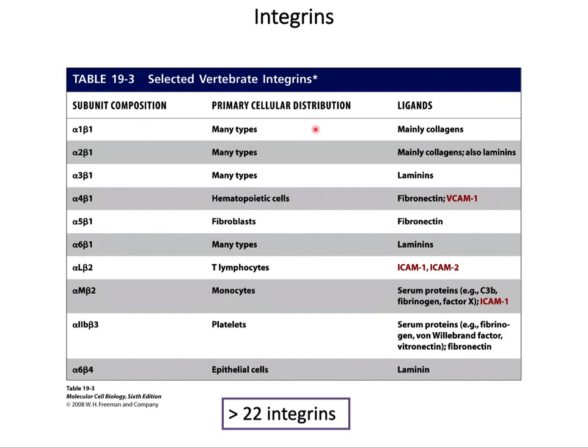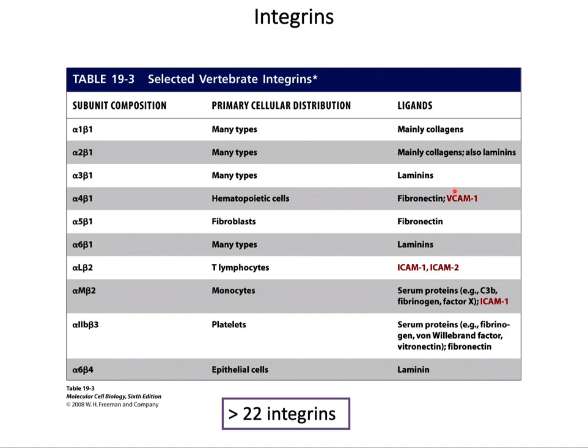So in this table, you can easily see that an integrin that is made up of alpha 1 and beta 1 subunits will bind mostly to the collagen in the extracellular matrix. However, an integrin that is made up of alpha 2 and beta 1 subunits will bind mostly to collagen, but it also has the capability of binding to laminin and so on. So these are other examples of the various integrins and how the subunit composition changes the ligand that it binds.